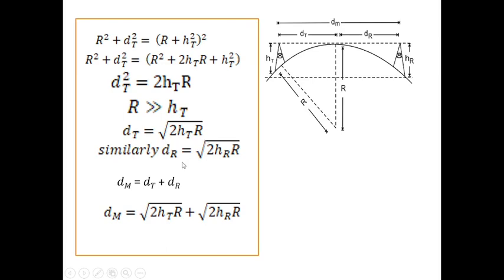Similarly, DR, the radio horizon of the receiver antenna, is square root of 2HRR. So the maximum line of sight distance, DM, is equal to square root of 2HTR plus square root of 2HRR. This is the maximum distance between the transmitter and receiver.